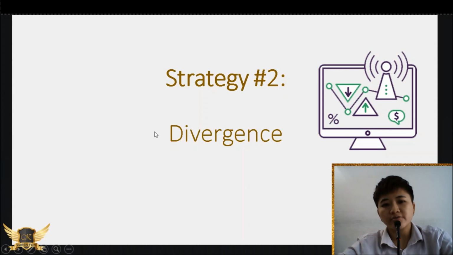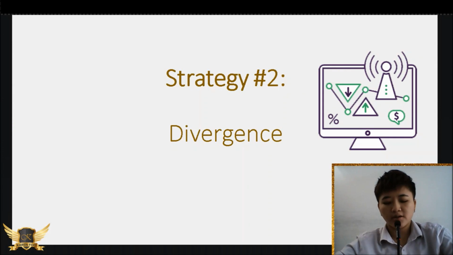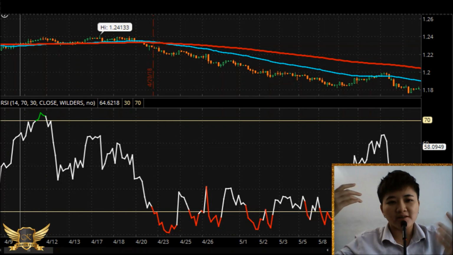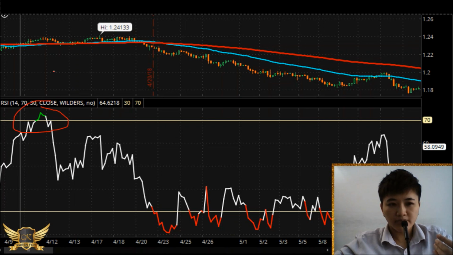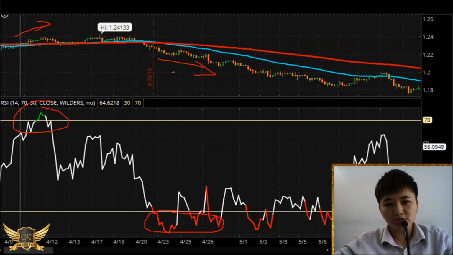Okay, so the second way to evaluate RSI is by looking at divergence. So of course people can interpret it differently. The first type of way in which people interpret divergence is when the price is overbought over here, okay, price continues to go up, and also you see that price becomes oversold, but yet the price continues to go bearish, okay.